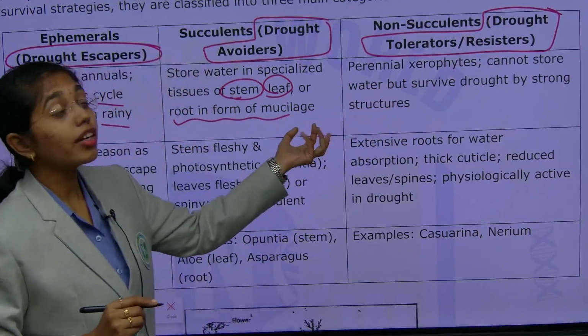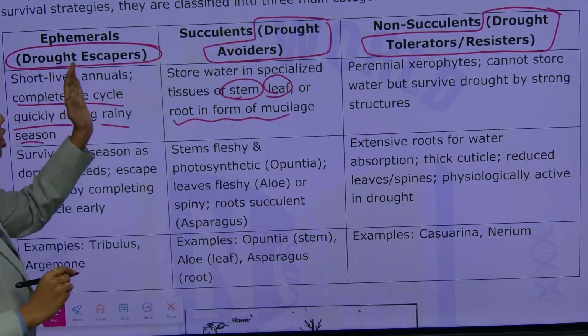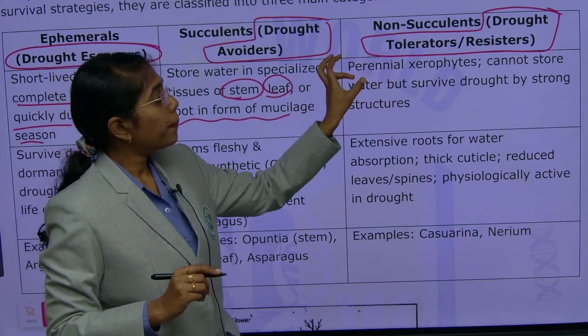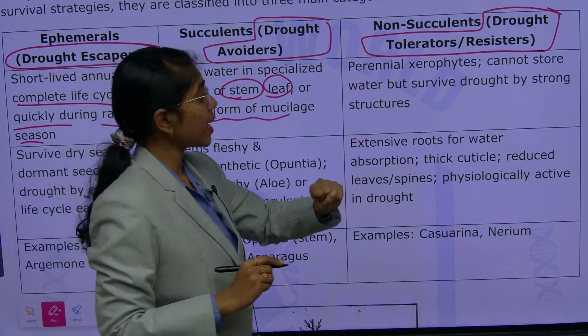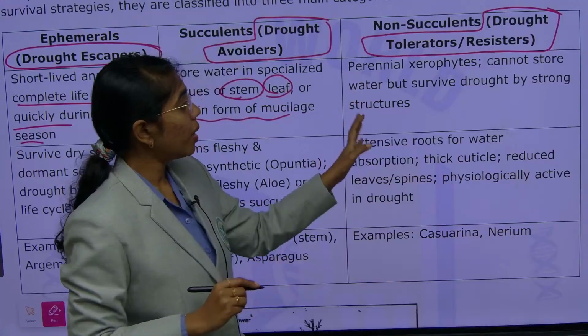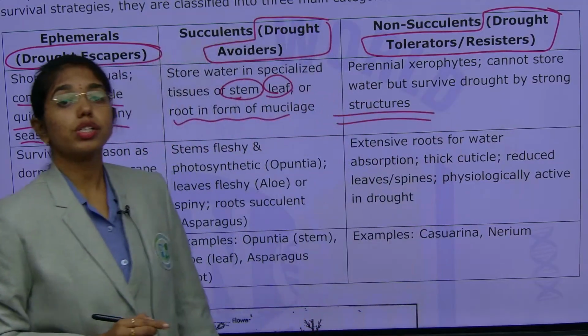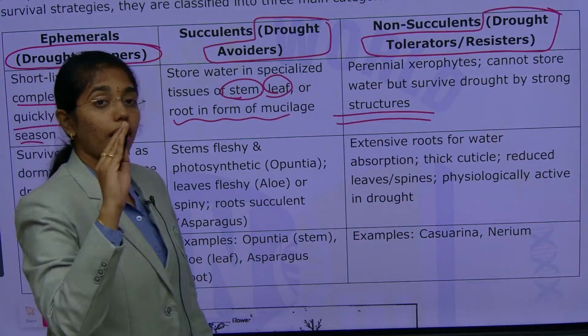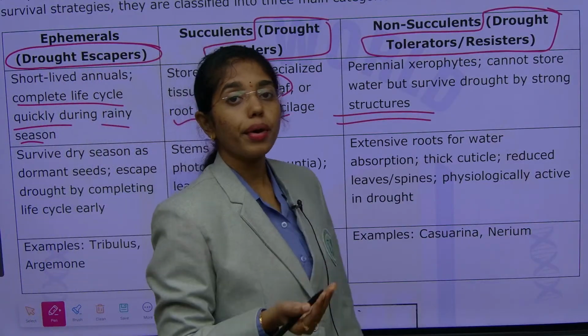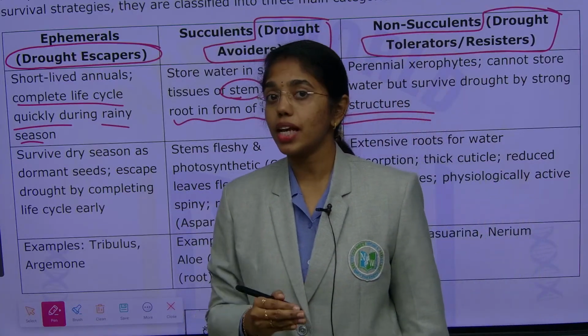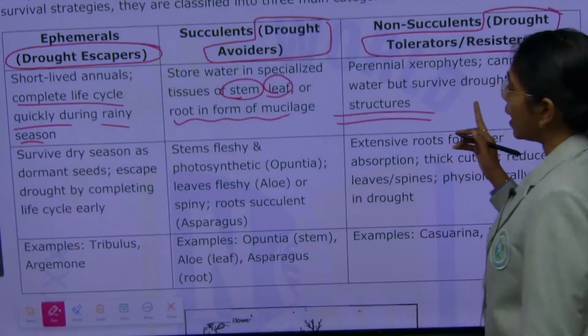These are drought tolerants. Here these are perennial xerophytes. They cannot store water anywhere, but they survive drought by strong structures, be it sunken stomata in the leaves or leaves reduced to spines. They have strong adaptations where they can tolerate extreme temperatures throughout their lifetime.